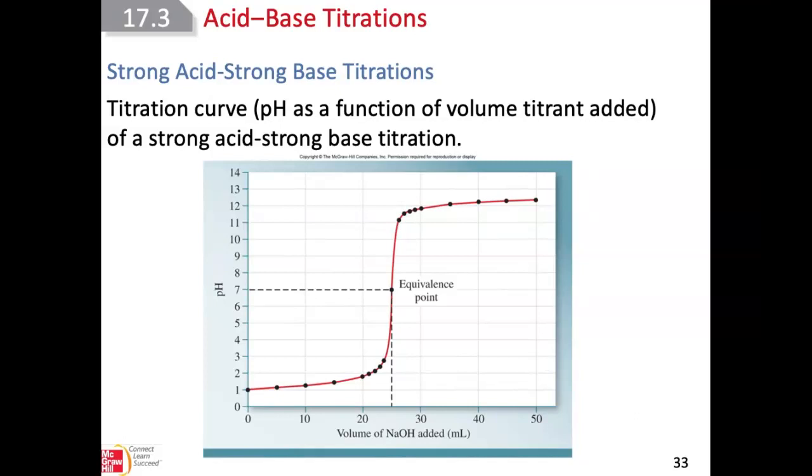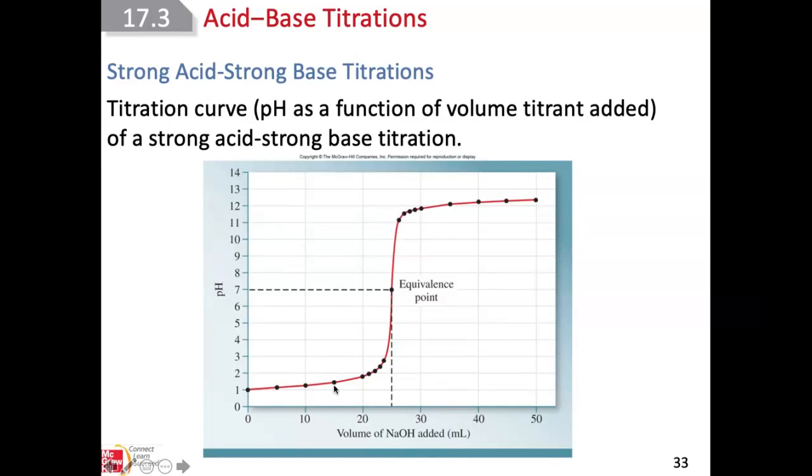So as we add, you see this is the volume of NaOH. It was added from the burette into the beaker. As you can see, at the beginning the pH does not change that much. Even if we had 10 ml of NaOH, the pH is slightly bigger than 1.0.